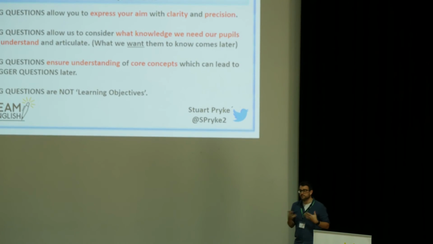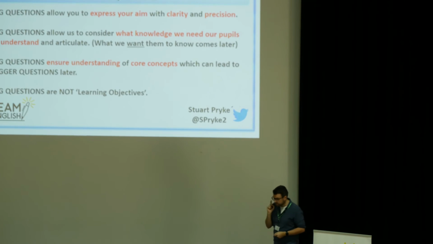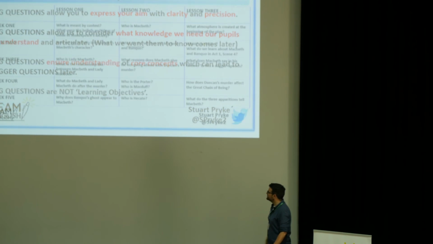They ensure an understanding of the core concepts. And the last one, they're not learning objectives. I always hated learning objectives because I never understood them, and I'm still not entirely convinced that I understand them now. Because I was always told throughout training that learning objectives were measurable. And actually, I'm not entirely convinced that they are measurable, but this is.